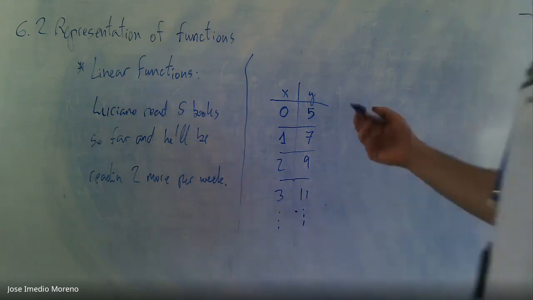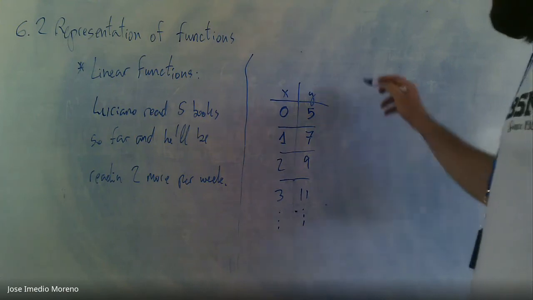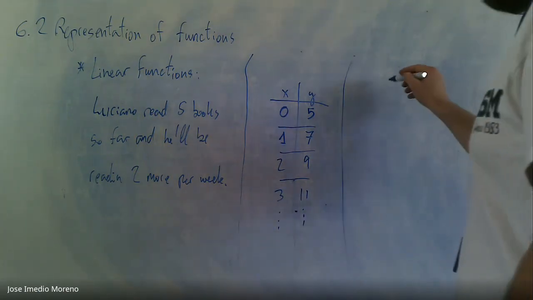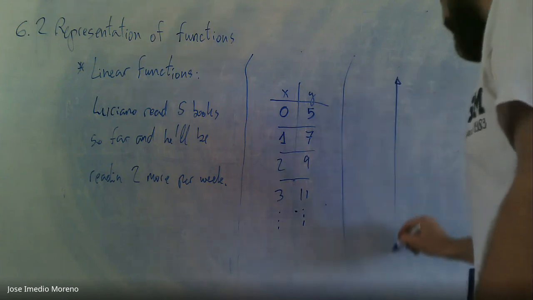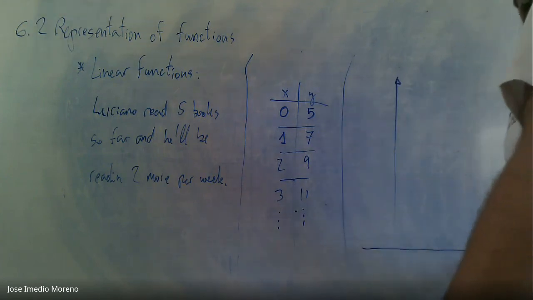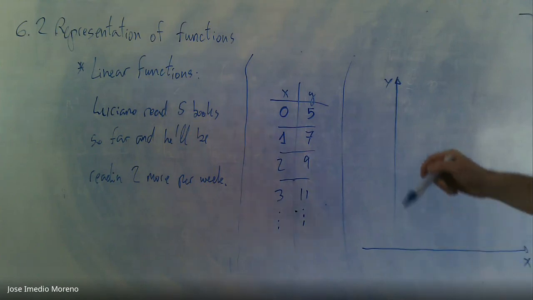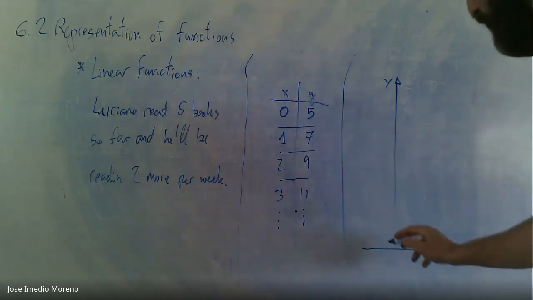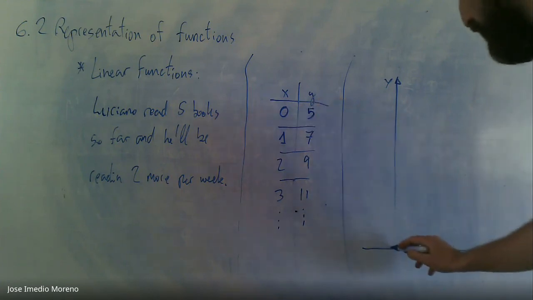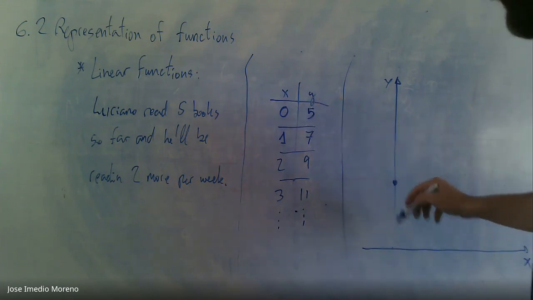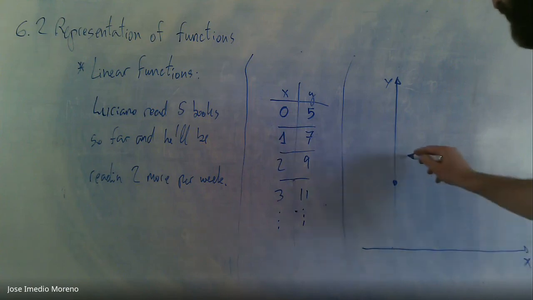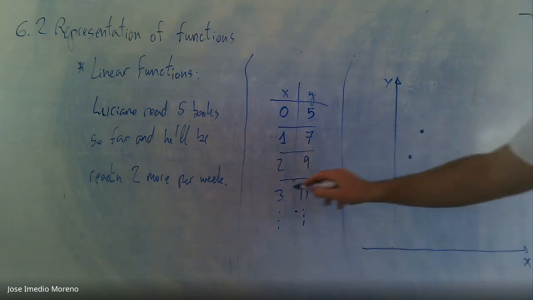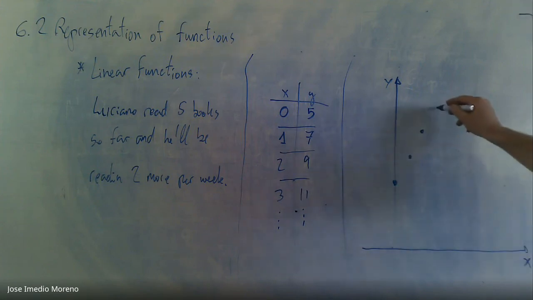And here this is predictable, right? I can predict what's coming next. So I'm going to graph this, x and y. Here I have the point 0, 5, the point 1, 7, the point 2, 9, and 3, 11.